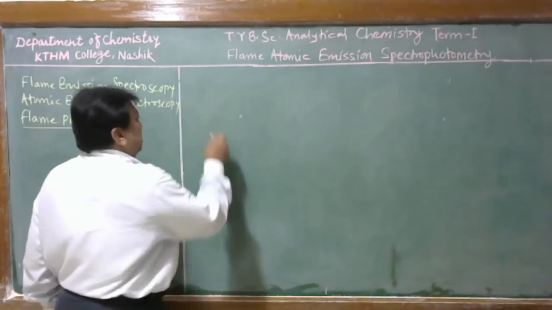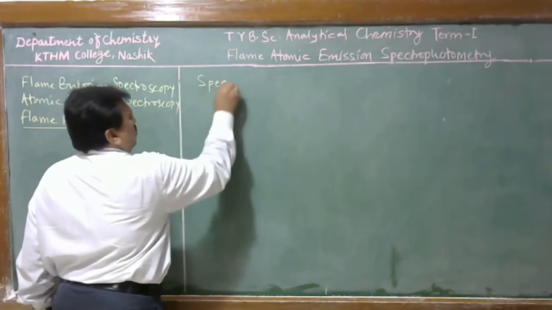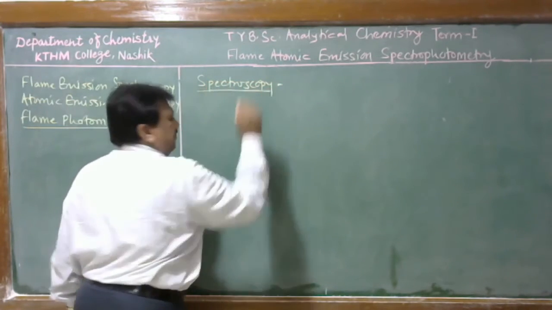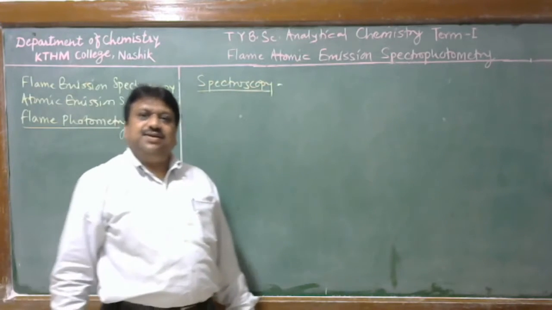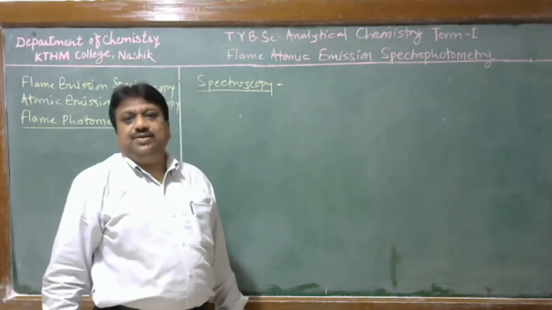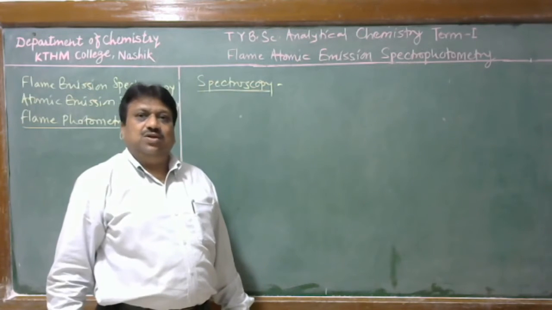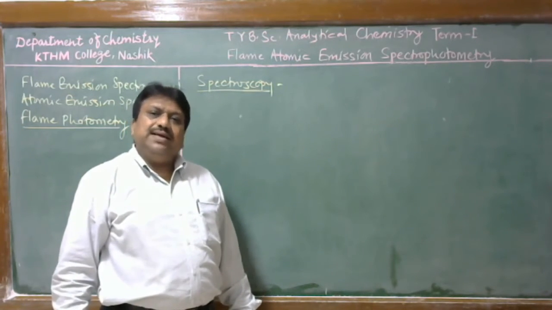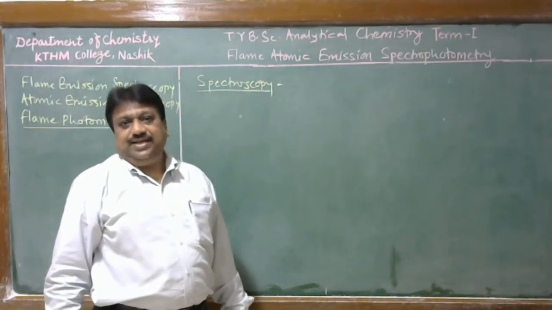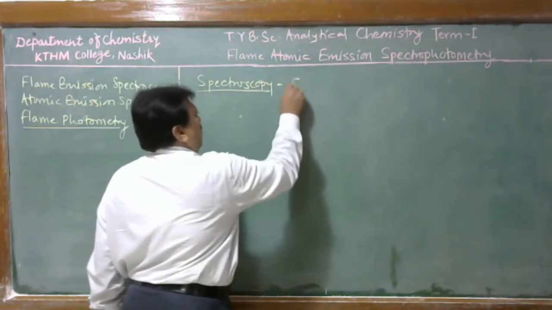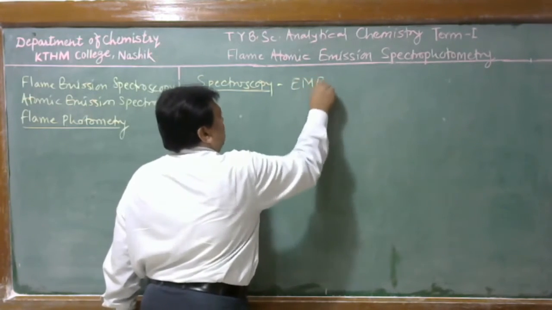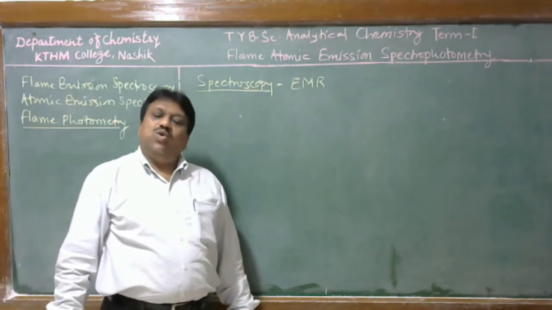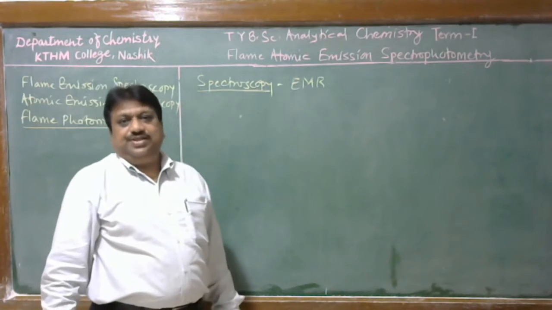In the last lecture we discussed spectroscopy. We know that spectroscopy is a branch of science that deals with the qualitative and quantitative analysis of molecular and atomic species via their interaction with electromagnetic radiation. Therefore, interaction of electromagnetic radiation with matter tells us what the material is and how much it is.